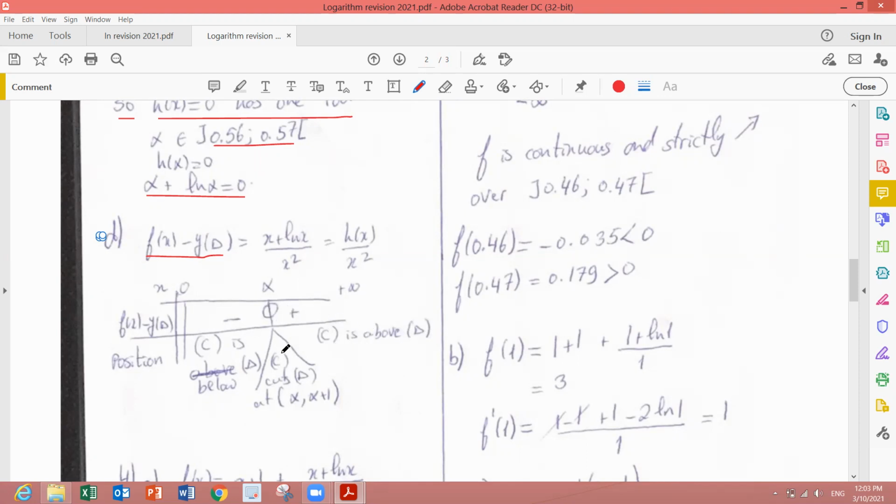Zero means C cuts delta at alpha, alpha plus 1. Alpha plus 1, we replace it in the equation of the line. Line delta was y equal x plus 1. Replacing x by alpha, we get y equal alpha plus 1.